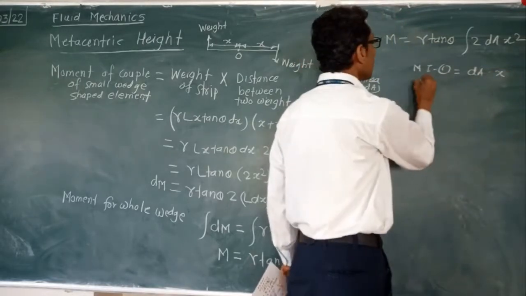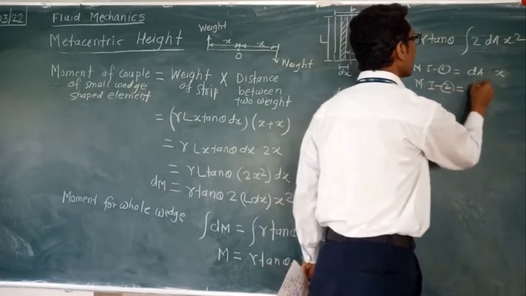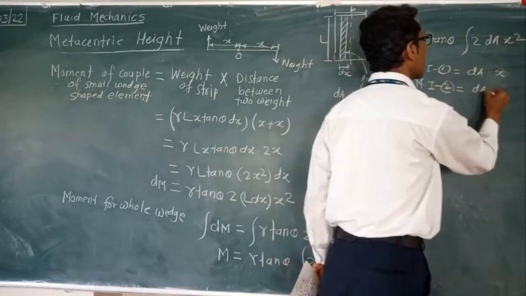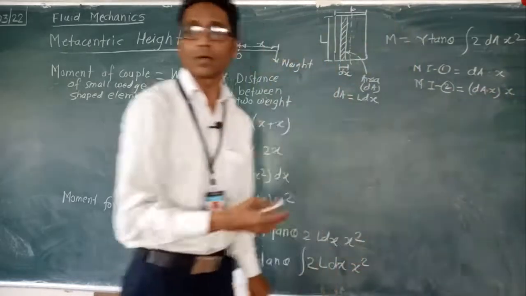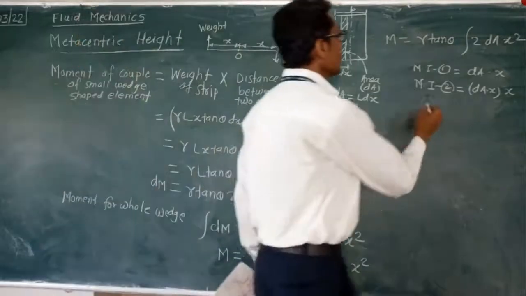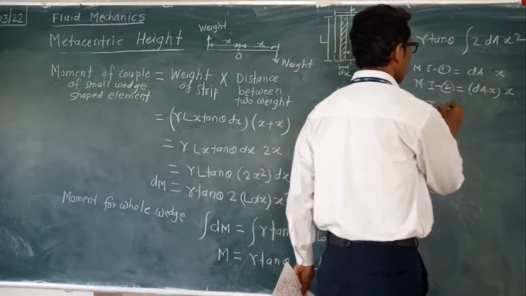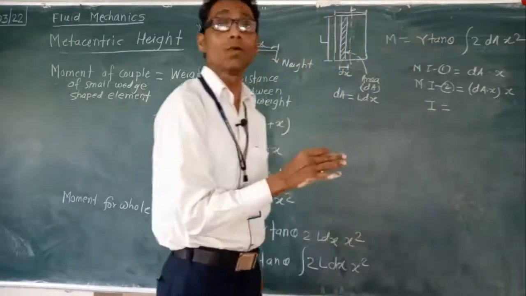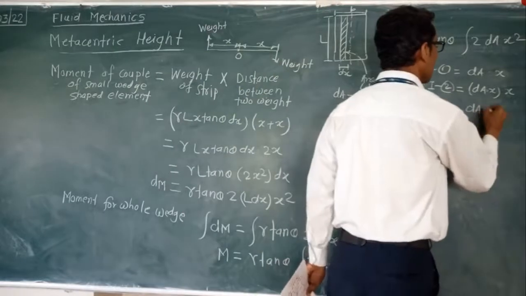And MI2, moment of inertia, is the first moment of area into one more product of distance. So the second moment, that is moment of inertia I, is equal to dA into x square.